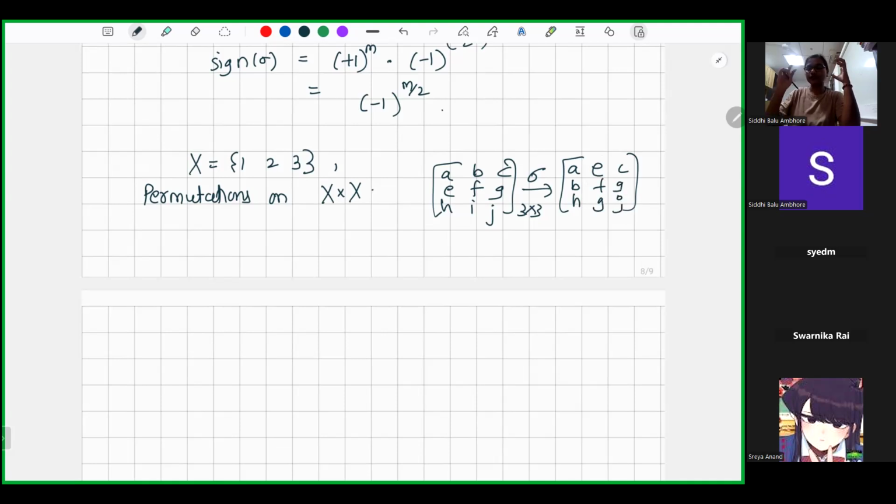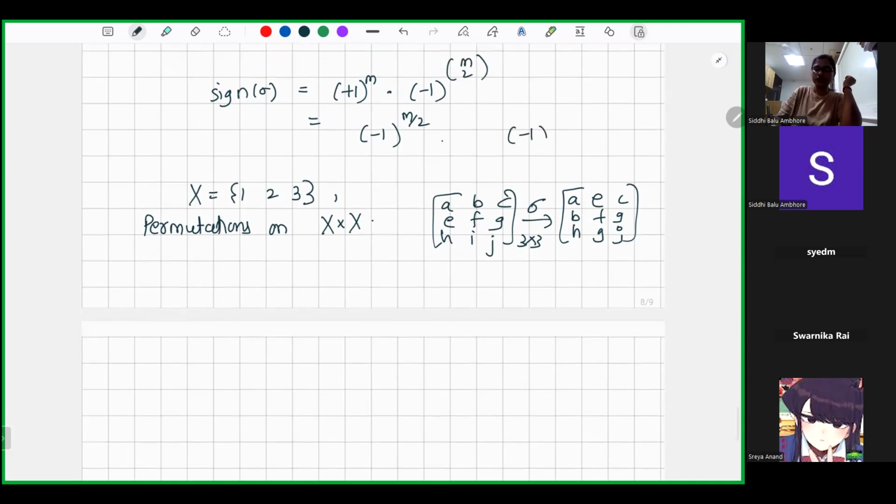And now I have to find the signature of this. Like, how many compositions we need to obtain this. So here this is minus 1 to the power m choose 2.